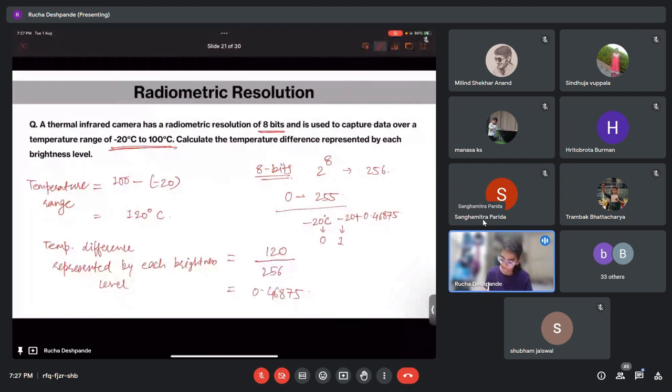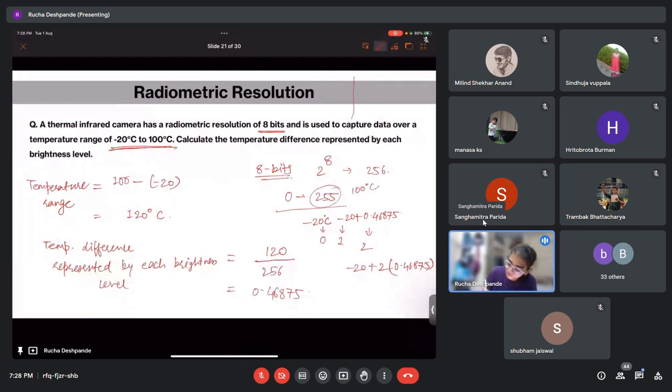It will be minus 19 point something. Then for your 2, it will be minus 20 plus 2 into 0.46875 and so on. And your 255 will correspond to 100 degrees Celsius.